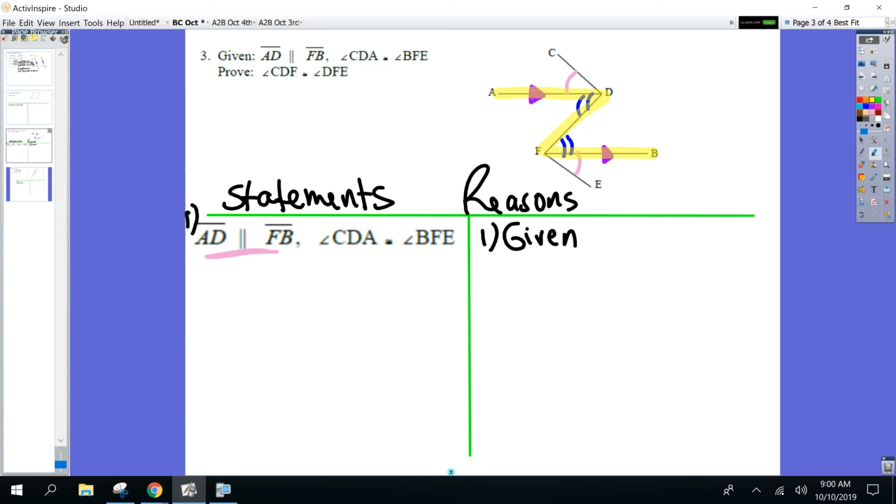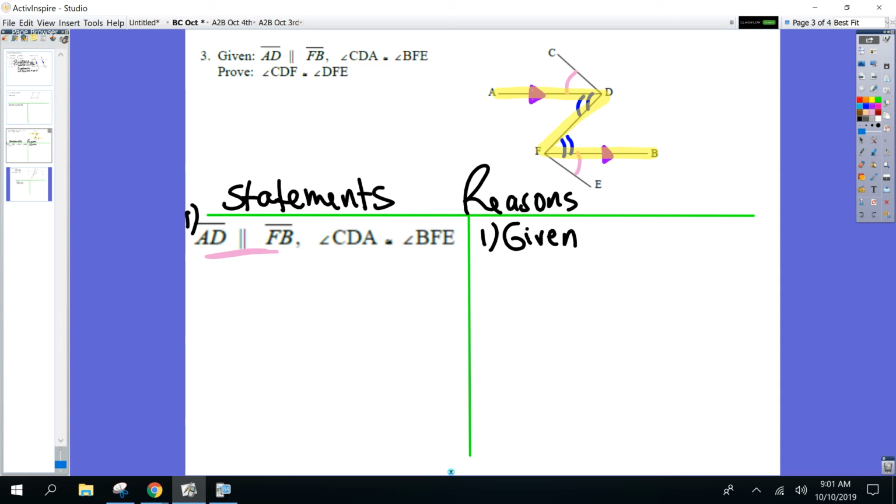Perfect. And the Z eats up the alternate interiors. Use it if you want. That's how you can identify alternate interior angles pretty quick. The Z eats them up. And that also works for the backward Z.